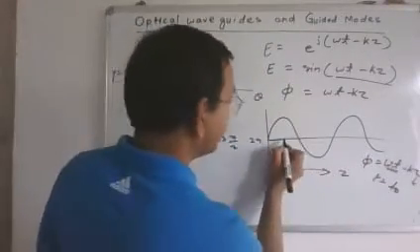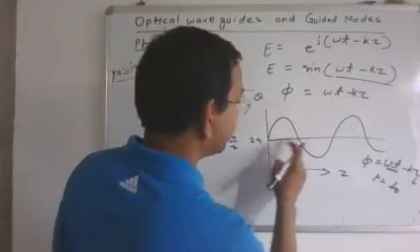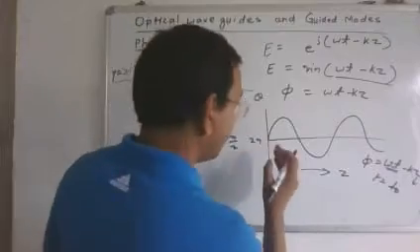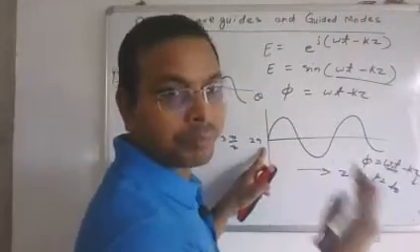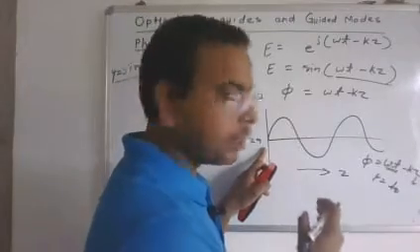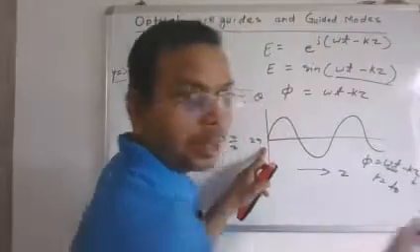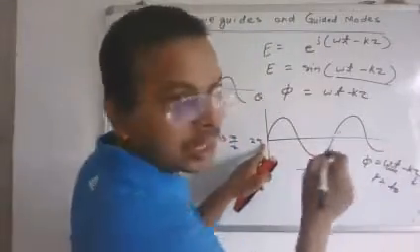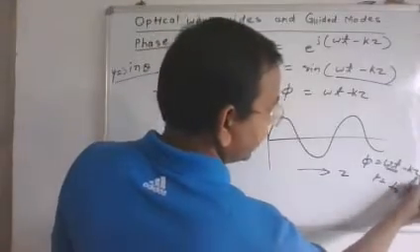At any fixed time, if you want to see what the phase is here, it's different. As the wave propagates with some velocity, at different times it has different positions. So at different positions in space, the phase will be different because phase becomes a function of z.